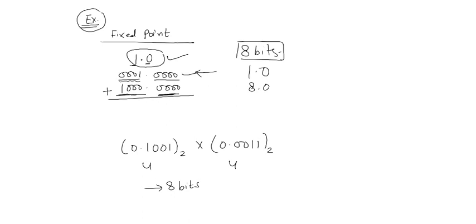Now let's take some other number, only the integer part right now: 1 1 0 0, and another number, 1 0 0 1. When we add them, we get one more extra carry bit.